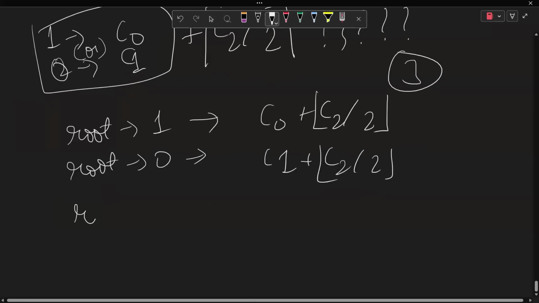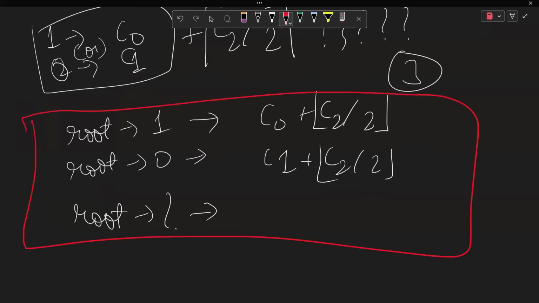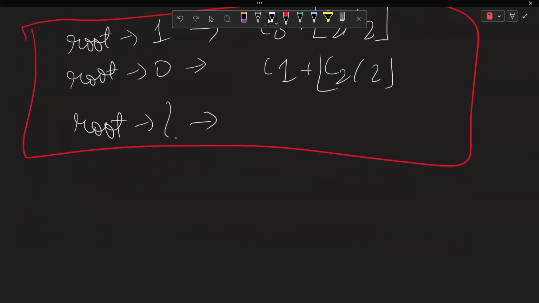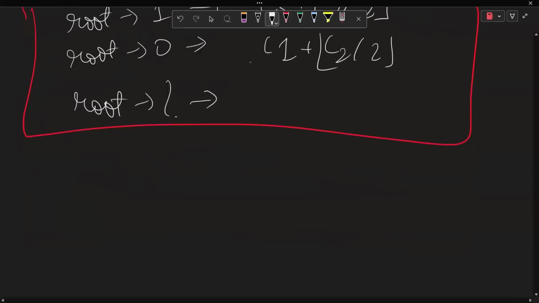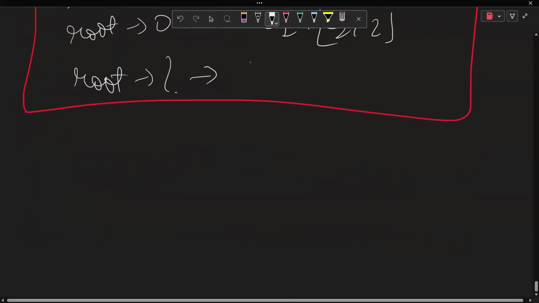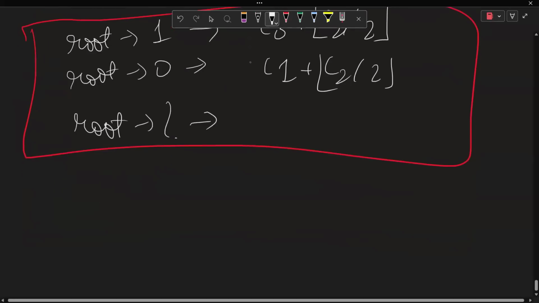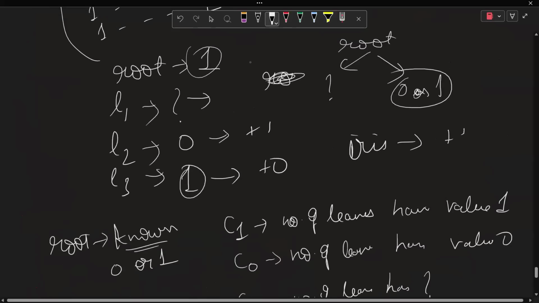Now, what if your root is unknown? That's another case that we need to handle. When the root is unknown, here the root was a question mark.